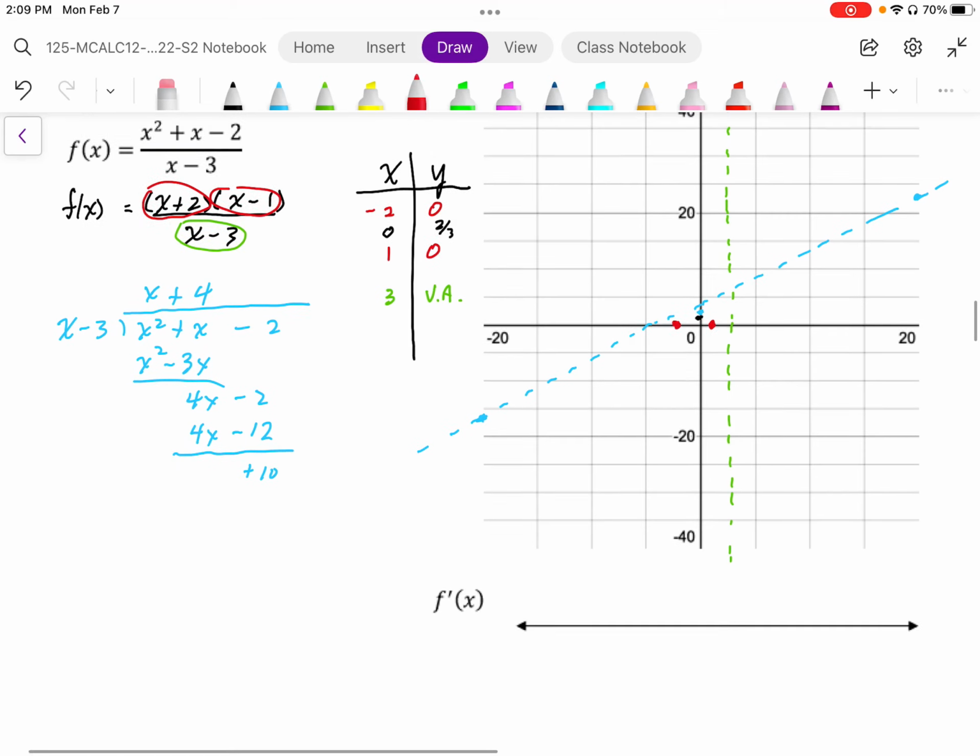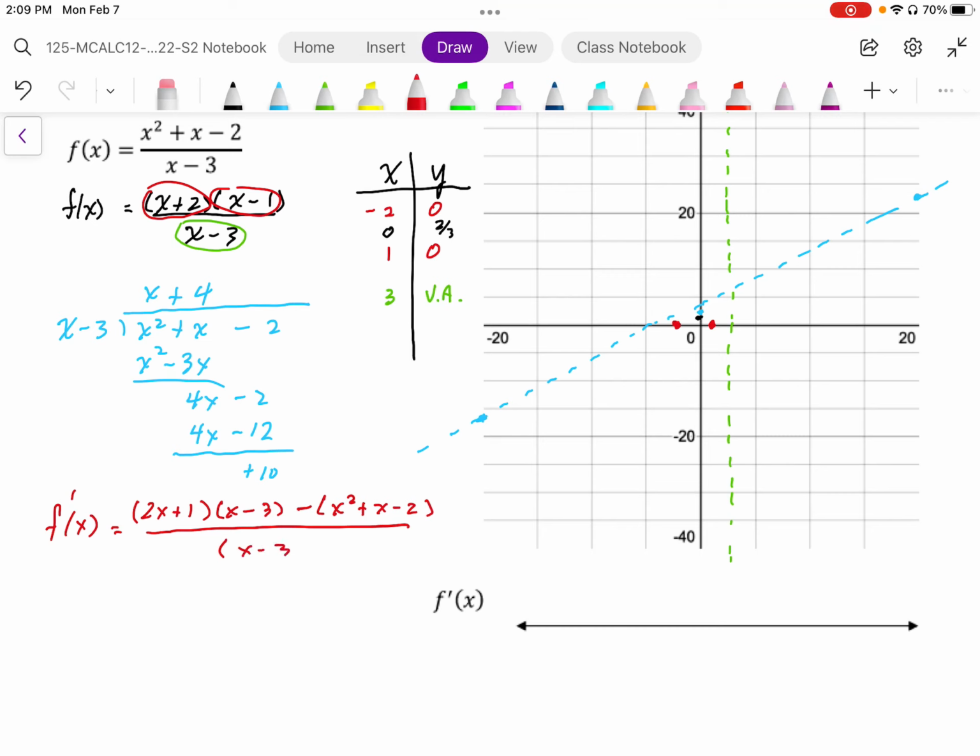When we differentiate this, f prime, differentiating the numerator, I get 2x plus 1 times x minus 3 minus x squared plus x minus 2 times 1, all over the denominator, x minus 3 all squared.